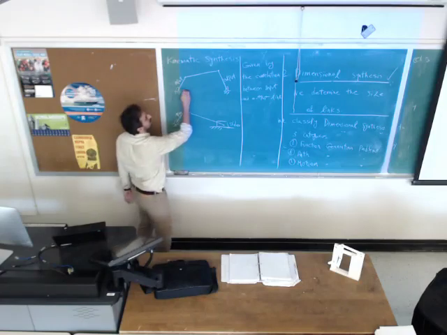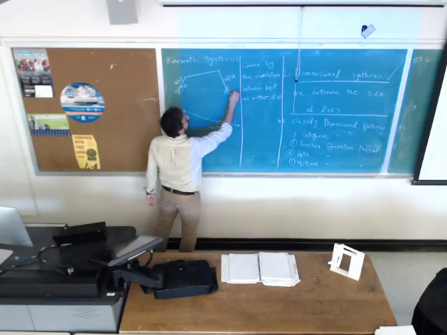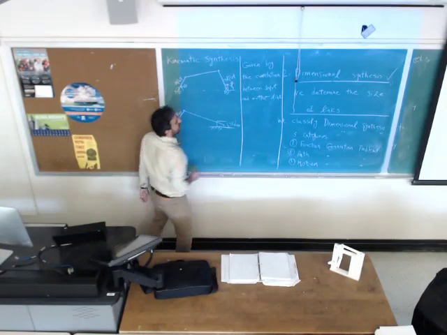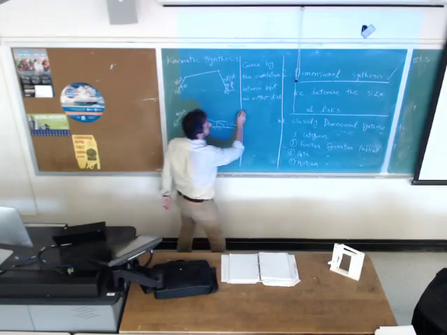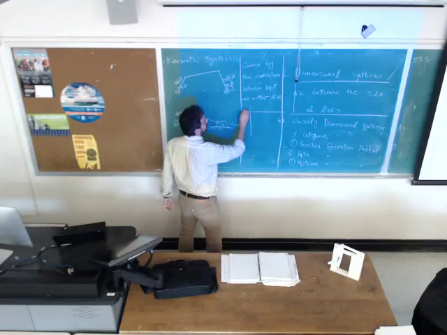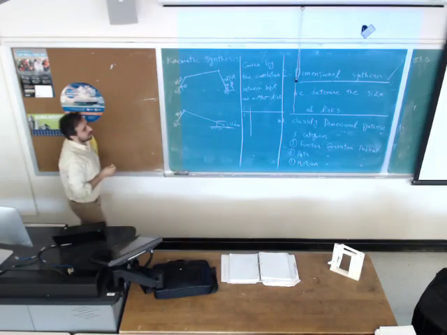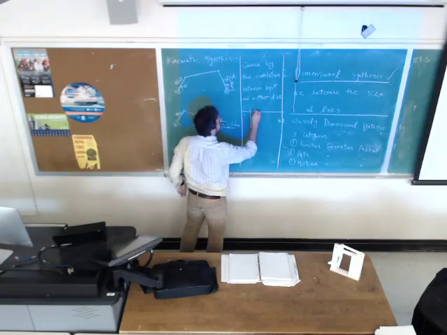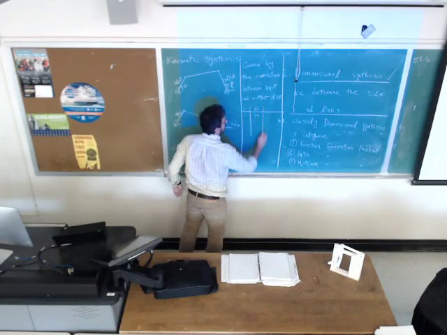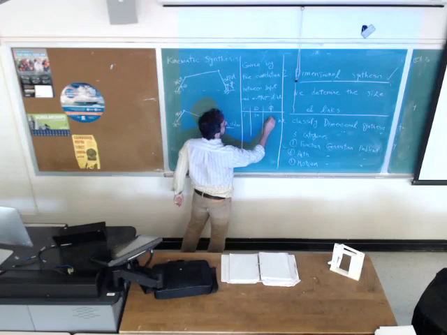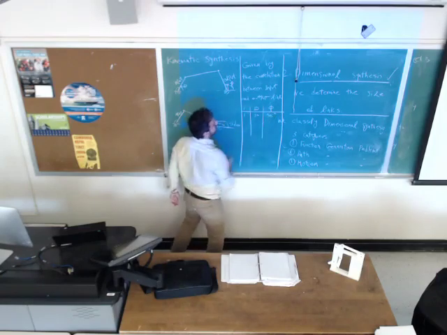So if this angle, for example, is theta and this angle is phi, if you are given this problem: design a mechanism such that when theta is at 30, we would like phi to be at 95 degrees.